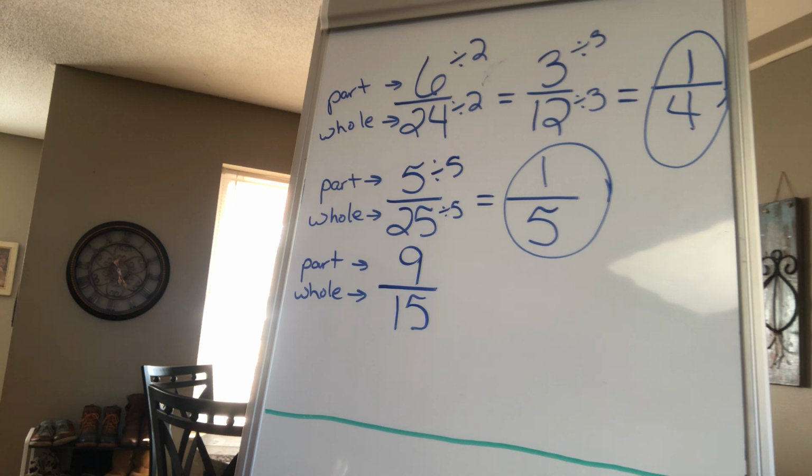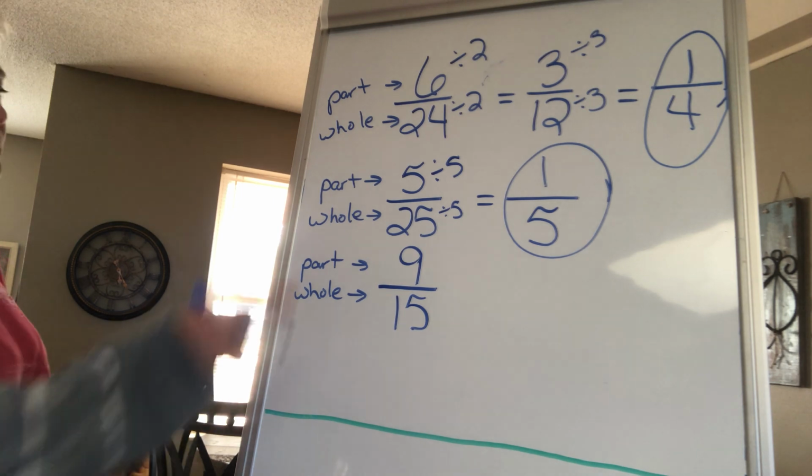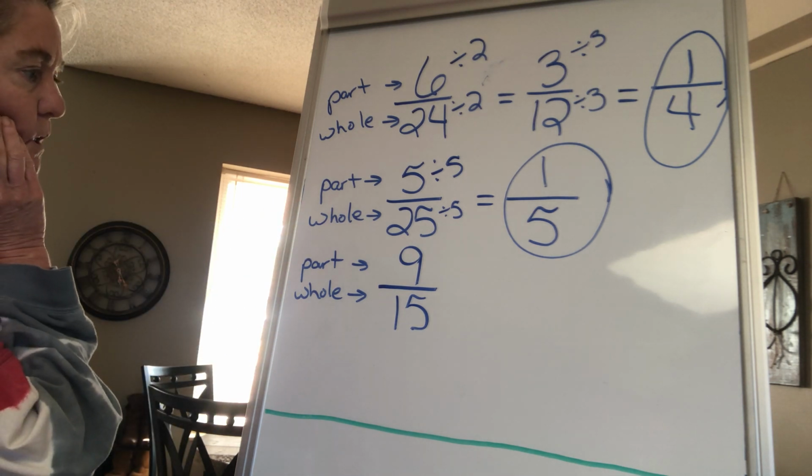But it wants me to put my answer in simplest form. So I have to look at my two numbers and see, is there anything that both 9 and 15 can be divided by and get a 0 remainder? Well, I know it's not 2 because they're not even numbers.